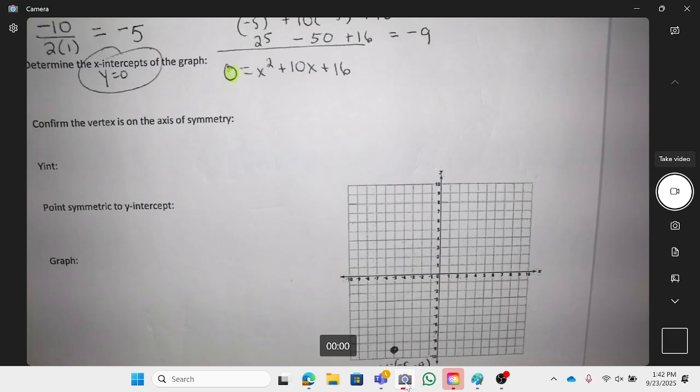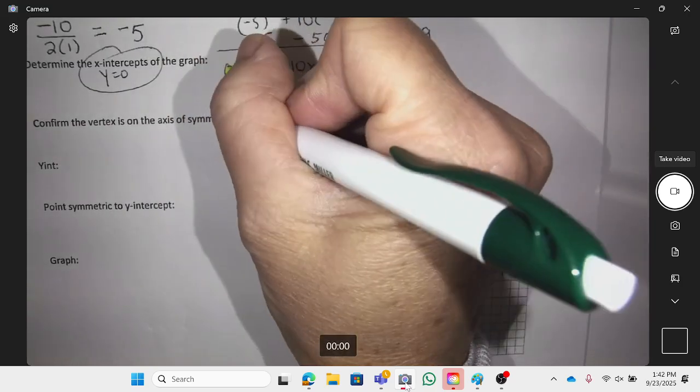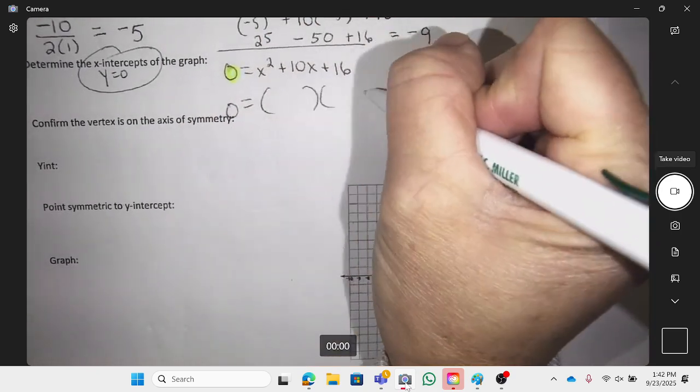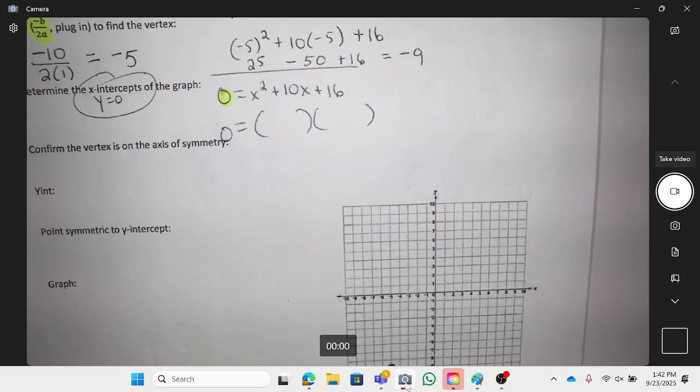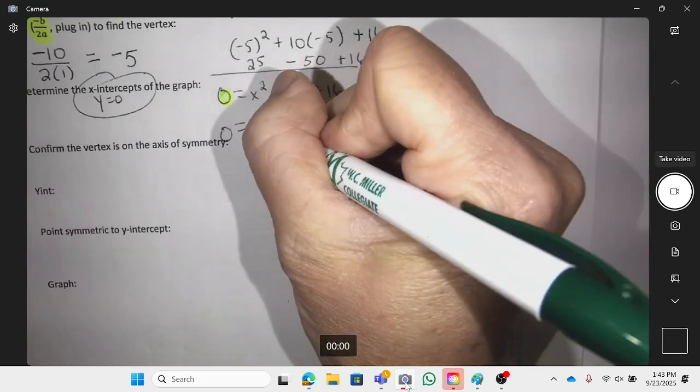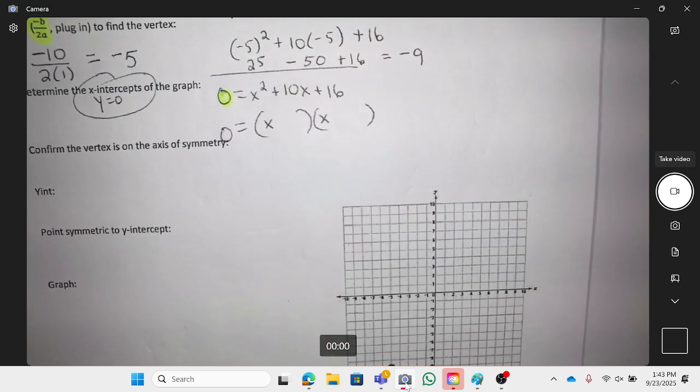But we do have a technique, and it is the math F word. Factor. Okay, and it's a type. Simple trinomial. So x times x to FOIL for the x squared.